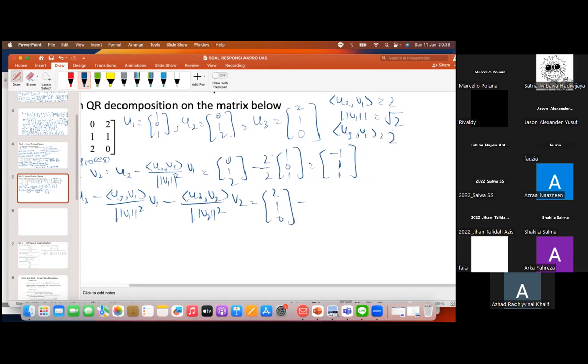It's also 2. The length of v2 is root 3.